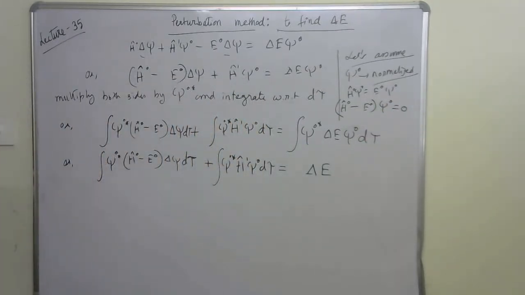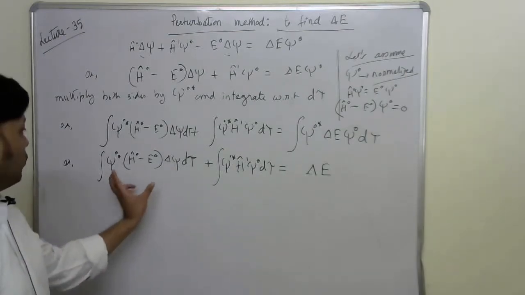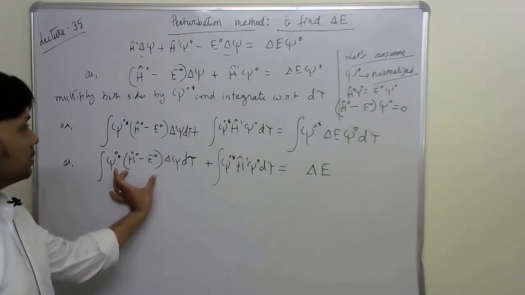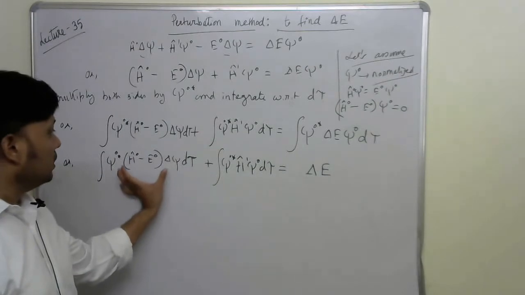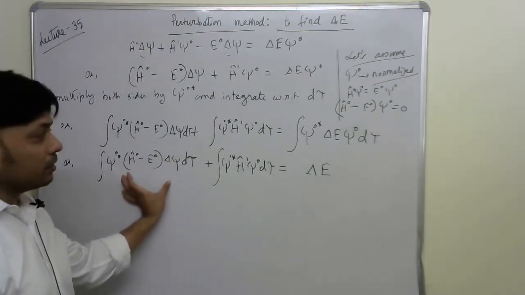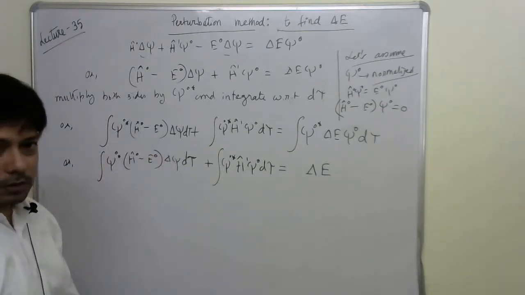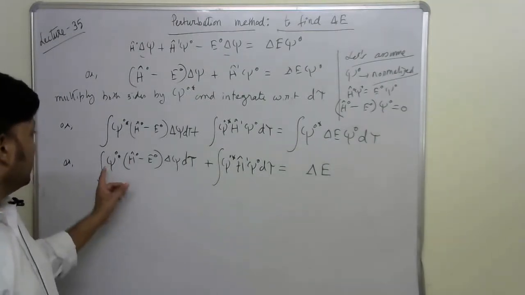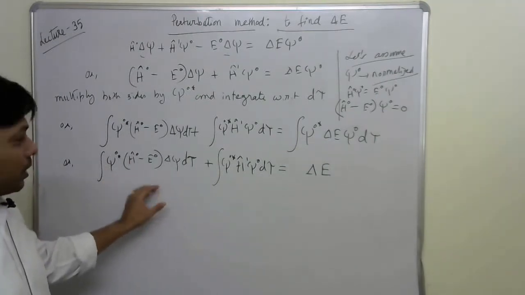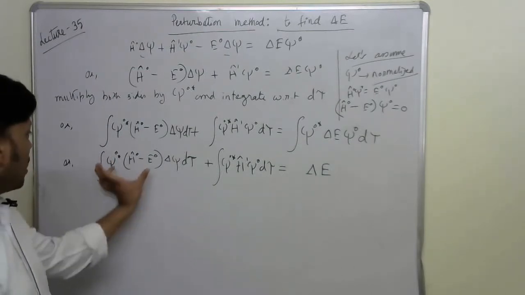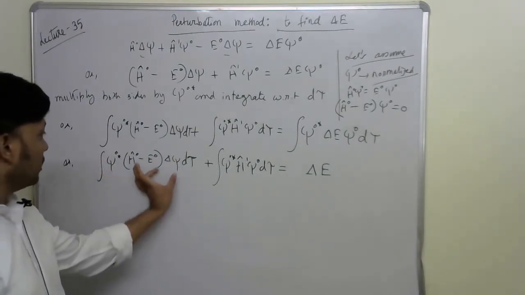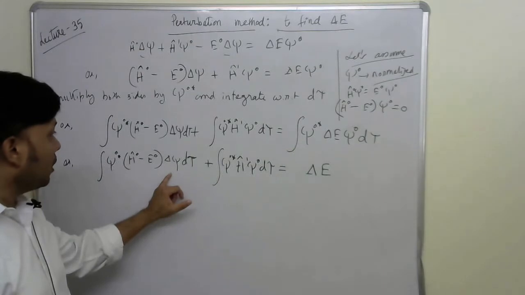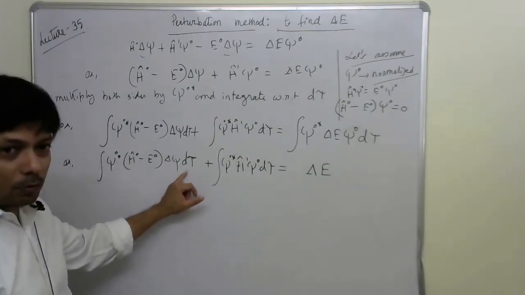Okay. So somehow, if we could write that this part multiplied by psi naught here within this integration, then we can vanish this integration. But this is not the case though, because this is something else. Psi naught star (H naught minus E naught) is getting operated on delta psi and then d tau.